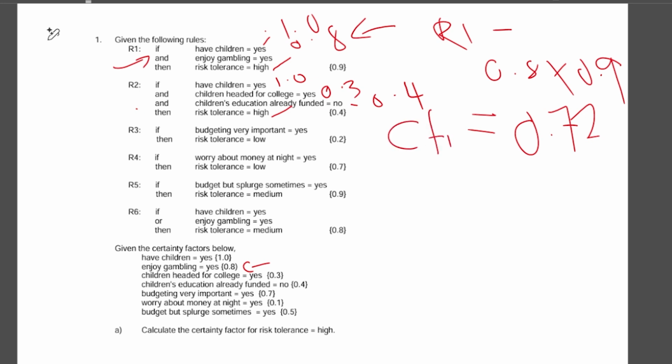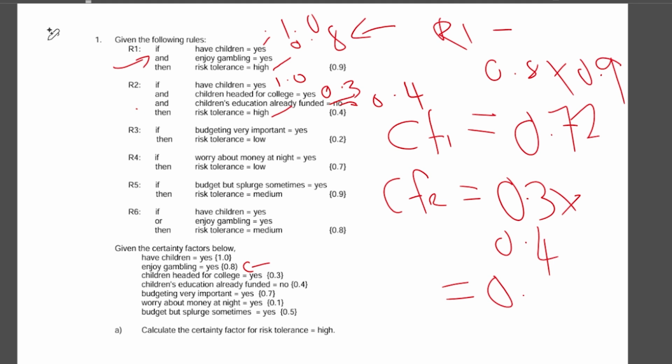Secondly, you need to calculate CF2. Because it is n, you need to select the lowest value, which is 0.3, and then times it with 0.4. So CF2 for rule number 2 is 0.3 times 0.4, which equals 0.12.